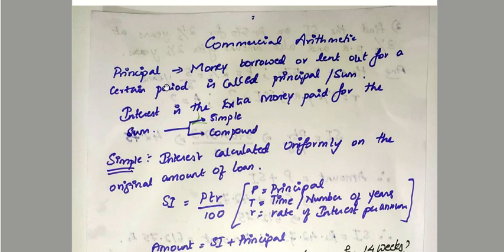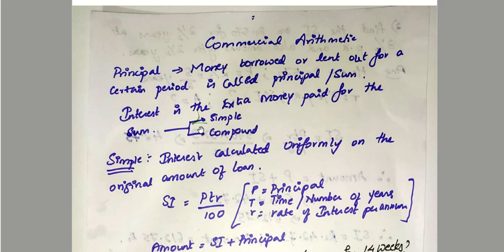So for example, in a bank, if we borrow or take a loan amount, that is nothing but your principal amount. So interest is the extra money paid for the sum. When we borrow a loan, when we are repaying the loan, we pay the interest to the bank for the loan borrowed. That is nothing but your interest.